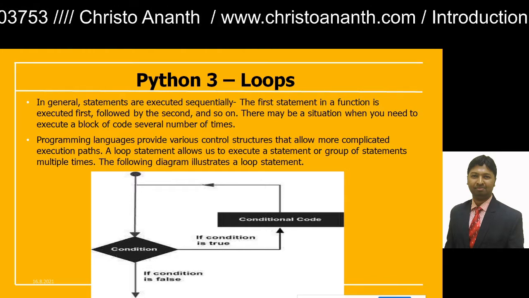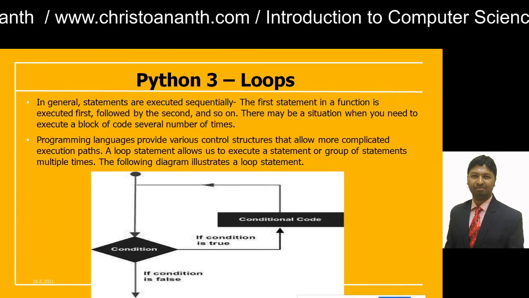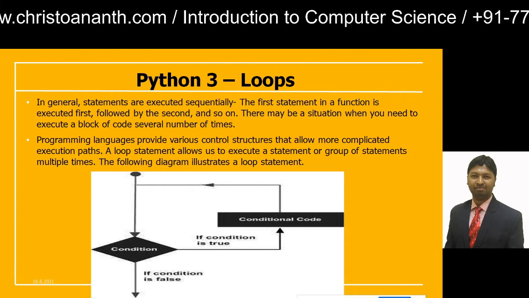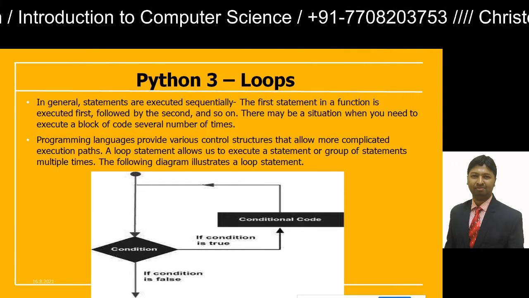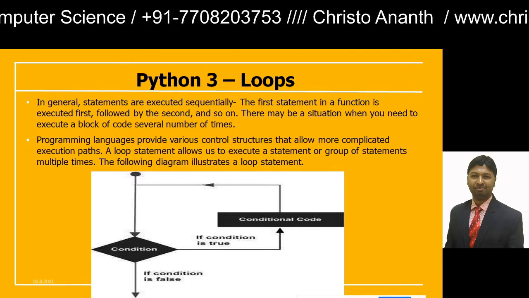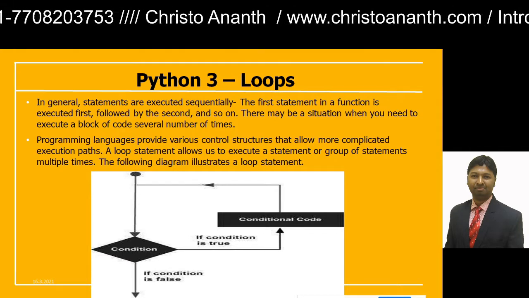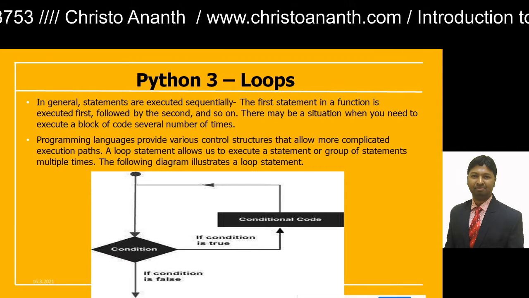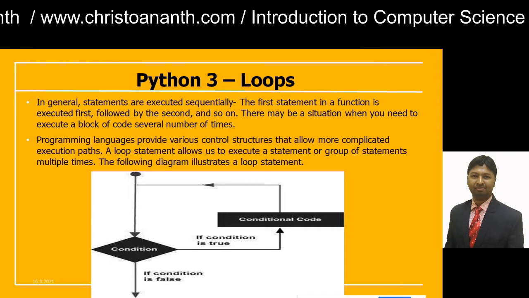For example, in the if else statement, maybe you can go in either way, but a loop should have an order. The first statement is executed first, followed by the second, the third, the fourth, and so on. Programming languages provide various control structures that allow more complicated execution paths.